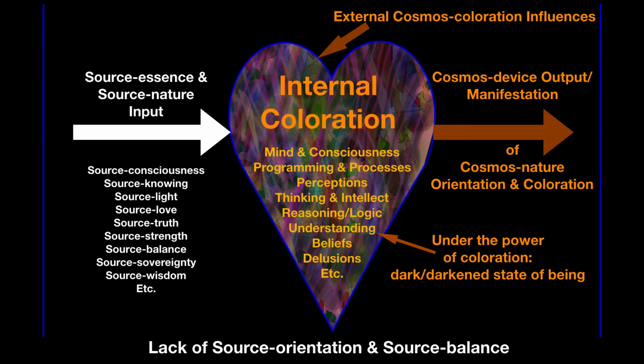Within the device, there is or are mind and consciousness, programming and processes, perceptions, thinking and intellect, reasoning or logic, understanding, beliefs, delusions, etc., that occur under the power of coloration, dark or darkened state of being.